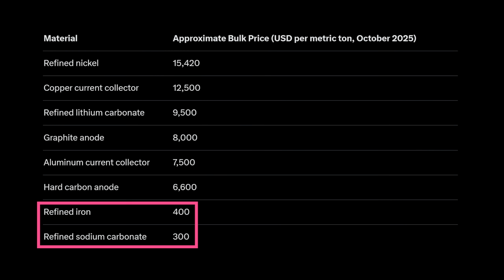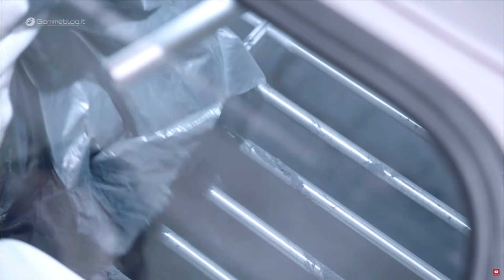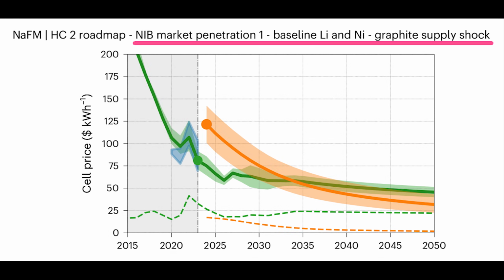For example, as I said earlier, even if the sodium and iron in the cathode are cheap, it still takes years to perfect the recipes to make that cathode material and produce it at high volumes. With all that said, it's worth noting that the Yao paper did point out an alternative scenario where there's supply shocks to the lithium-ion battery market.